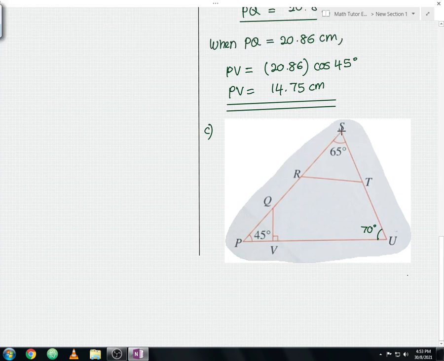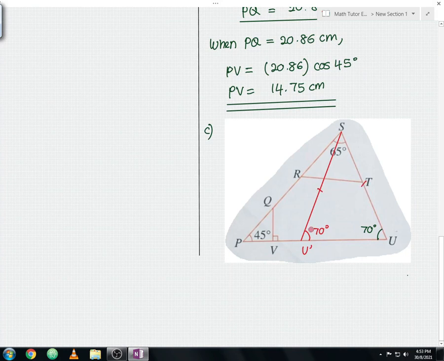From here there will be a second triangle formed. This point will be known as U prime, and then this angle will be the same, which is 70 degree. As you all know, in the ambiguous case, the first portion will be forming an isosceles triangle.